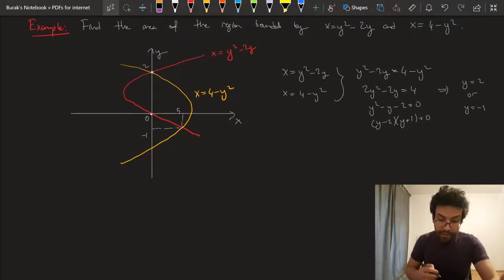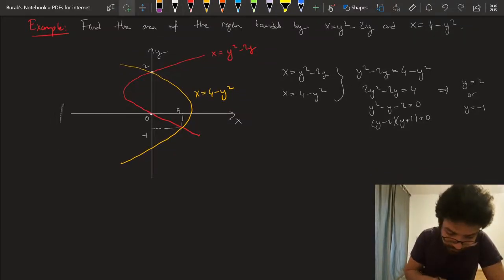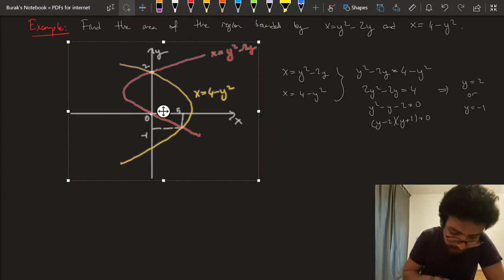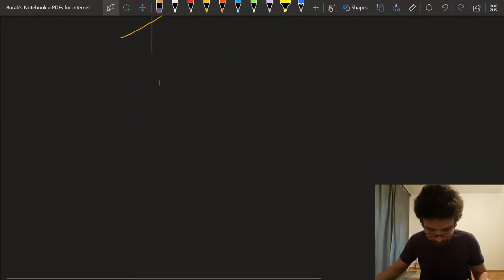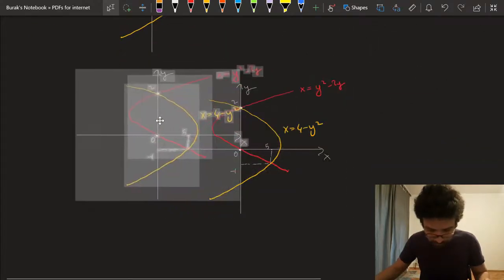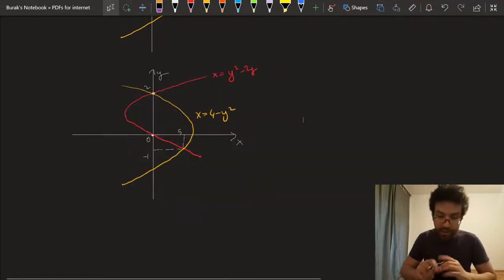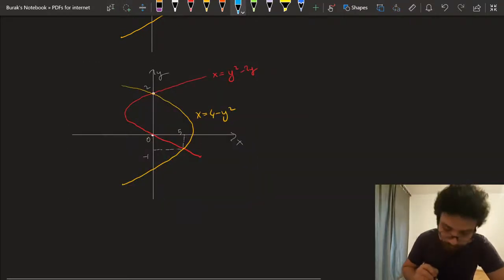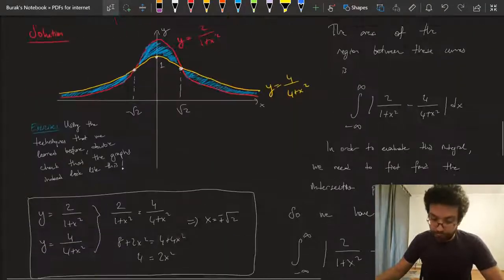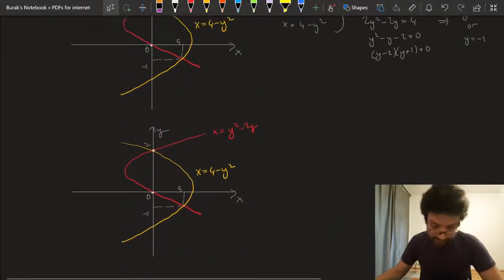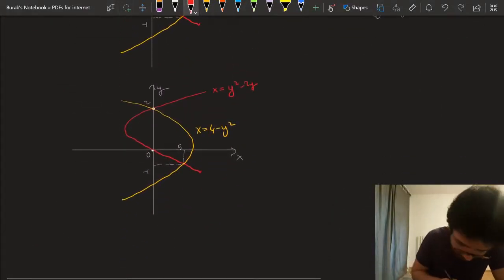Now there is a way to get the area of this region using these formulas that I wrote, which involve integrals with respect to x. And here it is, the longer solution.